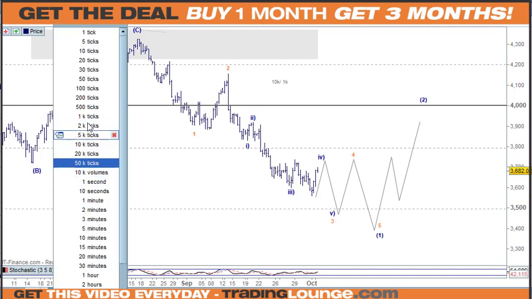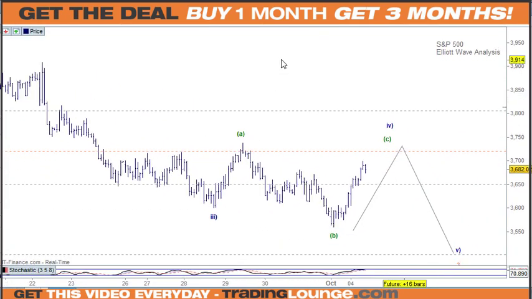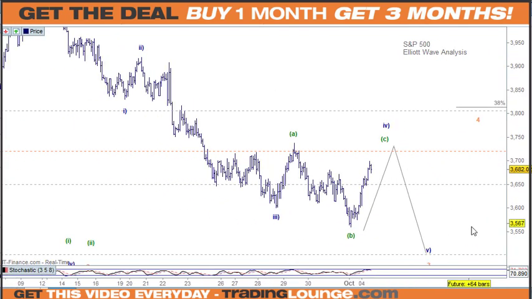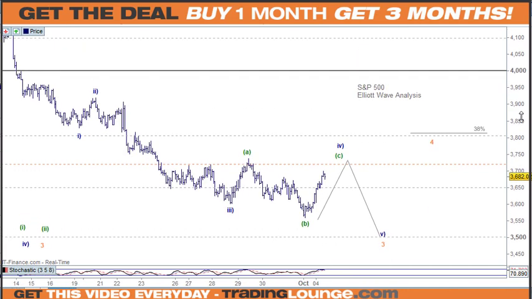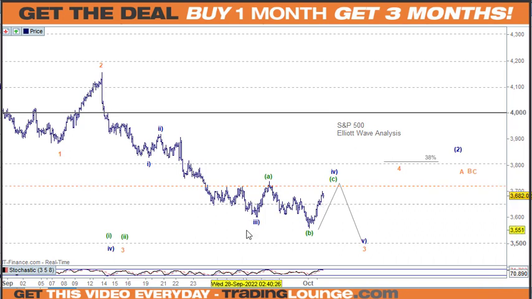Let's go to 10k, I think, and have a look here. I just want to shoot the breeze for a moment on this. So we're looking at wave 3 here. Now we had wave 4 sitting over here yesterday. We just didn't get the 5 waves down. If I had 5 waves in this move here, then I would have recognized what was going on, but I only got 3 waves in here.